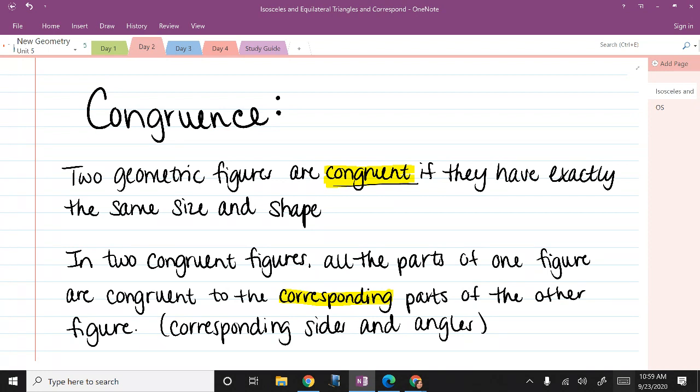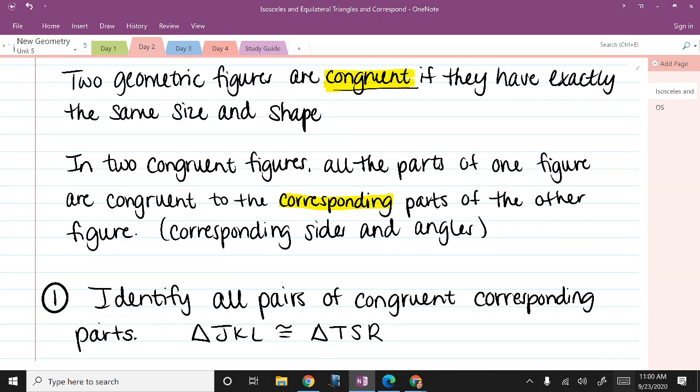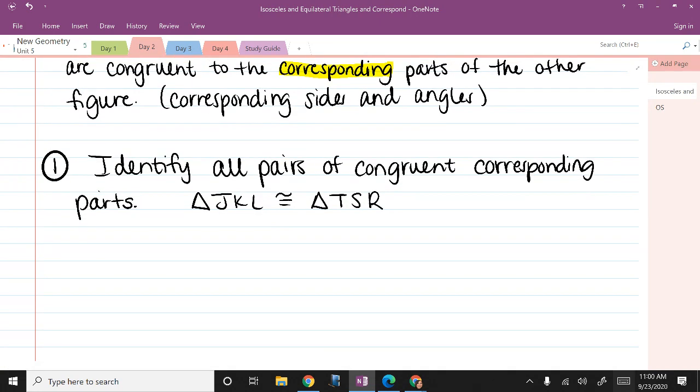If two figures are congruent, all parts of one figure are congruent to the corresponding parts of the other figure. When I say corresponding parts, we're talking about sides and angles. All right, here's something cool. It says identify all pairs. Y'all write this down.